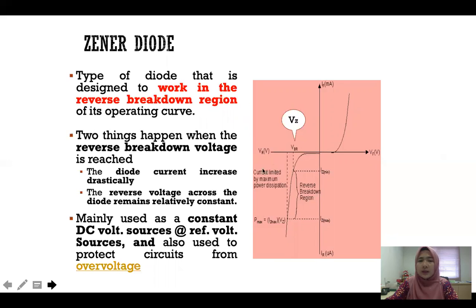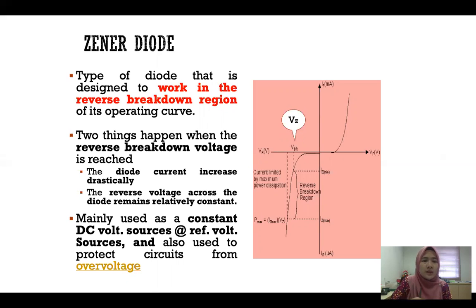It cannot work under the breakdown region. The type of diode that is designed to work in the reverse breakdown region of its operating curve is the Zener diode. A normal diode cannot work in the breakdown region.